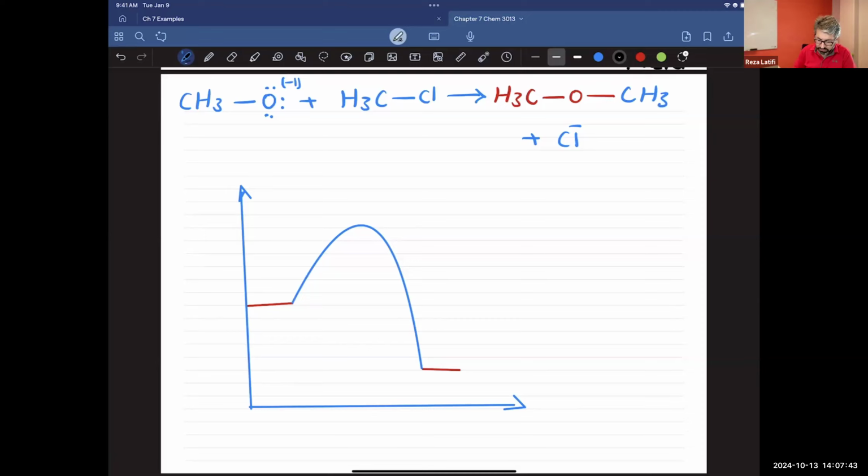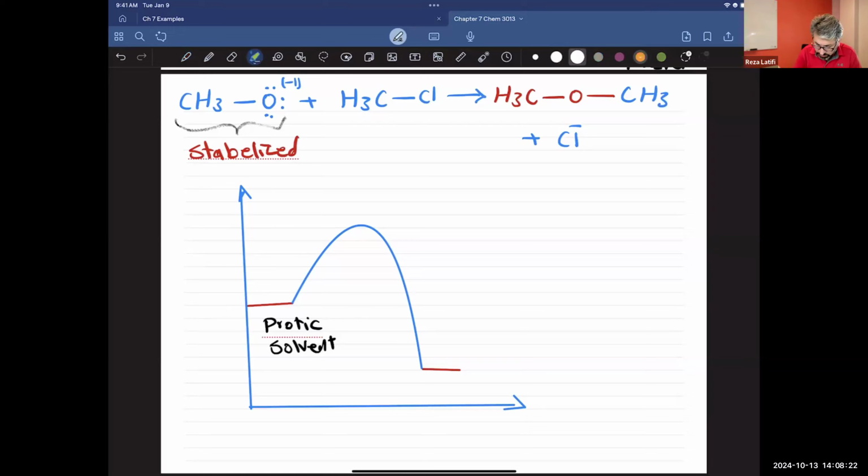So under normal conditions, if you have the protic solvent, because this piece is going to get stabilized, the negative charge gets distributed.